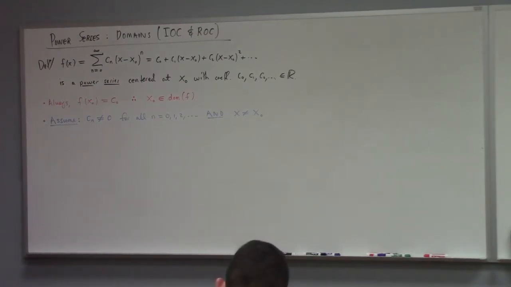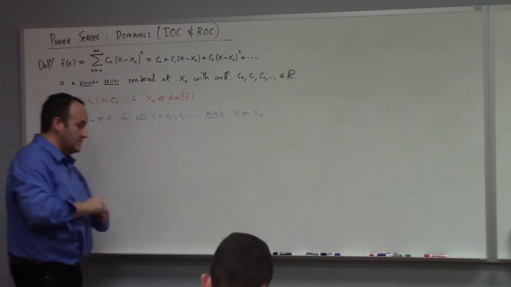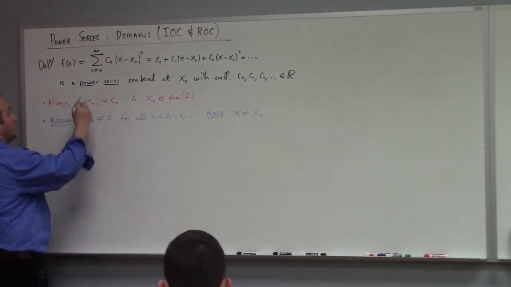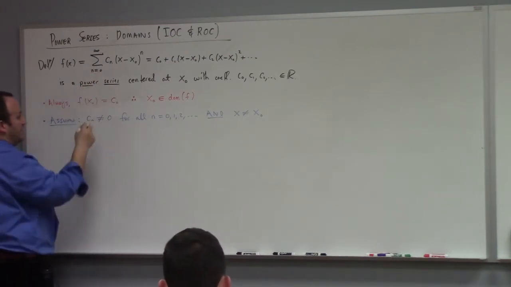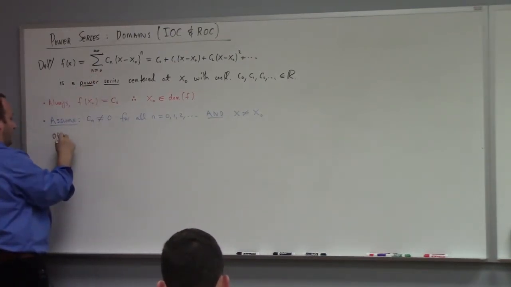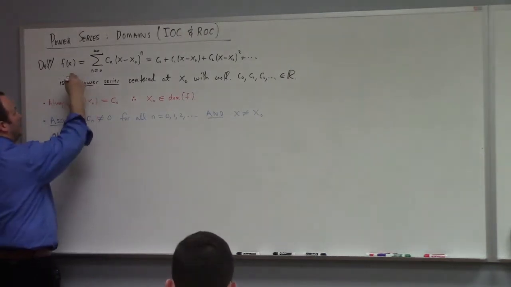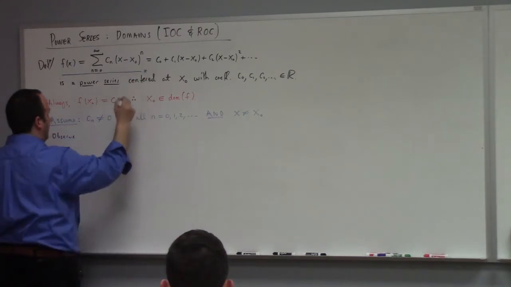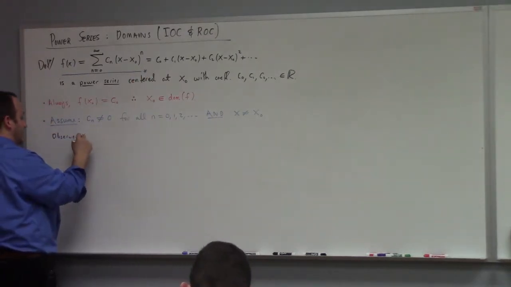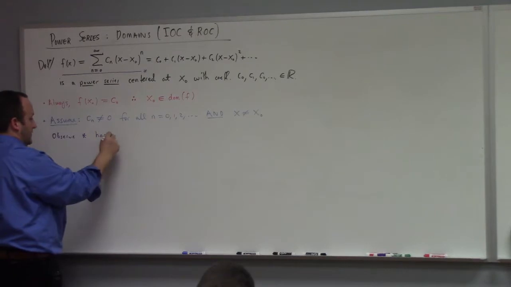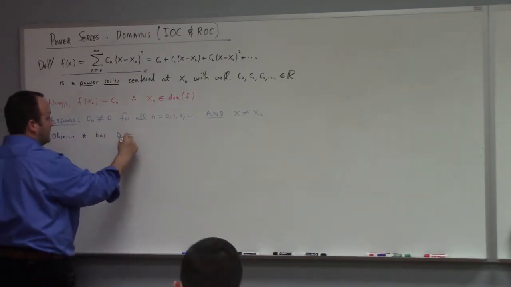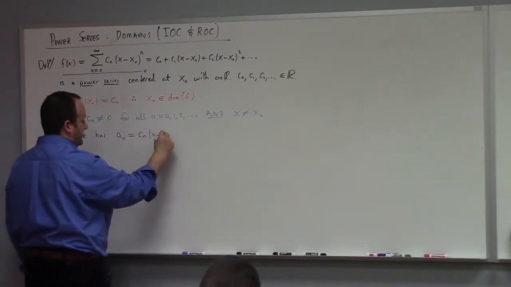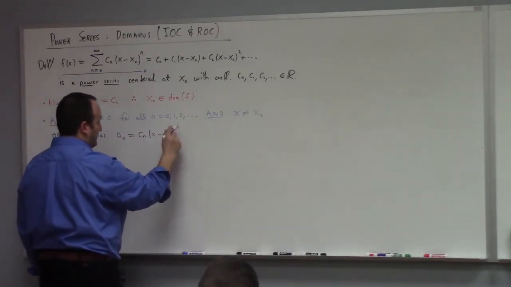If we look at the series which is given, so let's look at f of x right here. Same f of x as above. Observe, let me give this a name so I don't have to write it again. Star. Observe star has a sub n equal to Cn times (x minus x naught) to the power n.